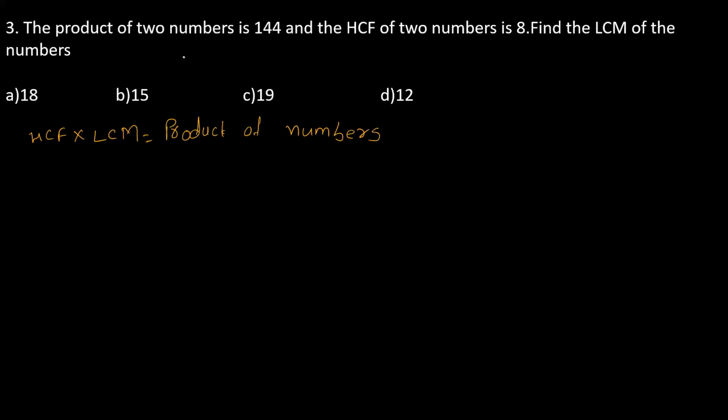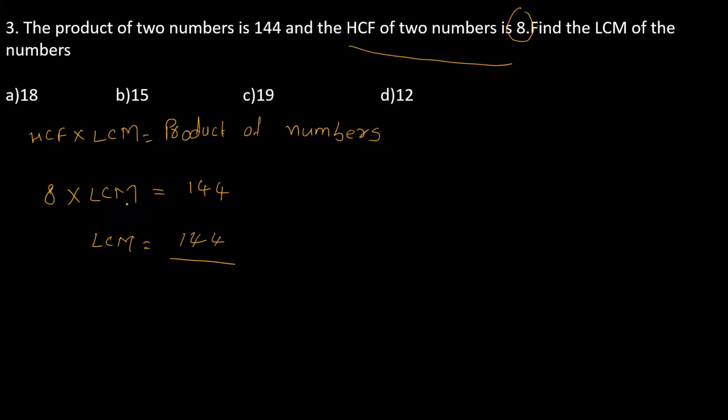So we have to substitute the given numbers in the formula and solve the problem. The given product of numbers is 144. The HCF of numbers is 8. And we have to find the LCM. So 8 into LCM is equals to 144.